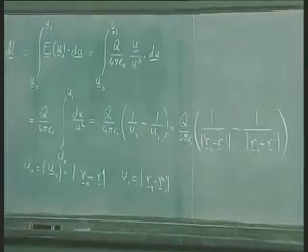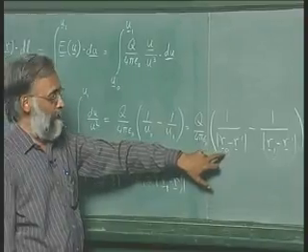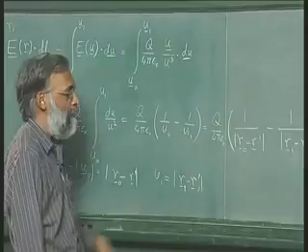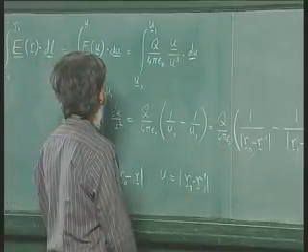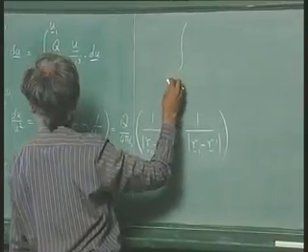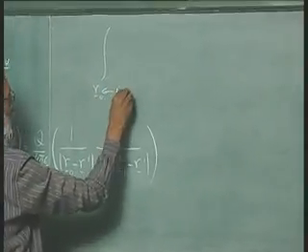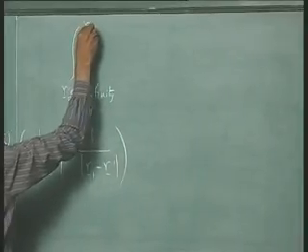Now, usually we take this initial point such that it does not contribute at all. For instance, in 3D we will choose this to be infinity, in which case we get the integral from r naught, which is infinity, to r1.